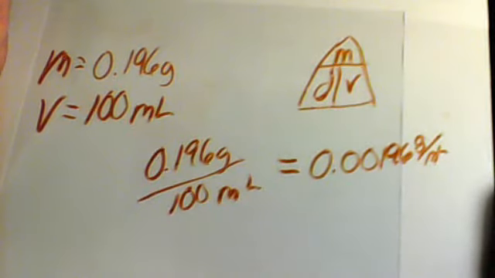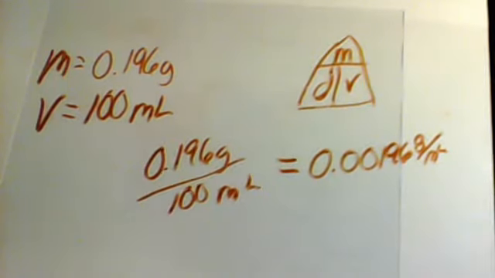And that is your density for problem number 1. To make sure when you're working these, you always pay attention to your units. Your units will tell you what you have and where you are going.